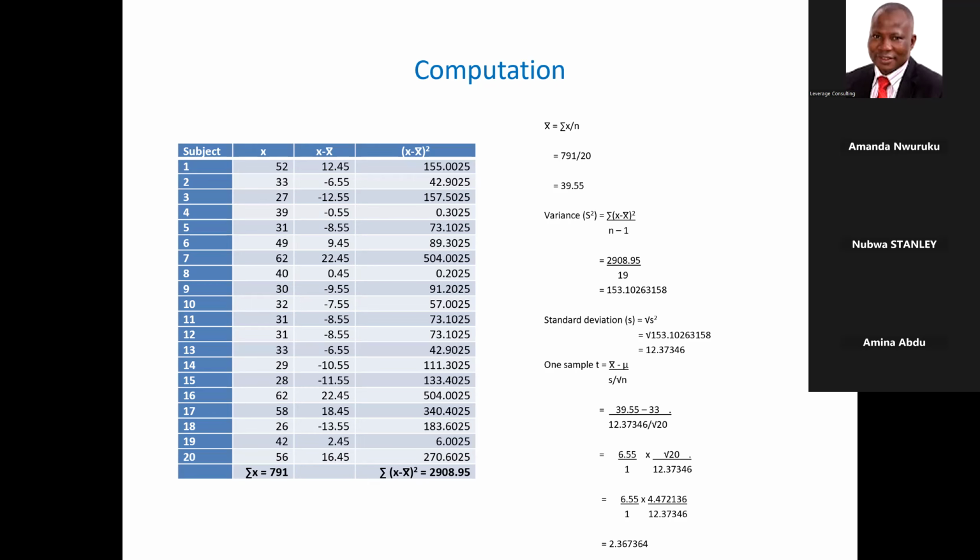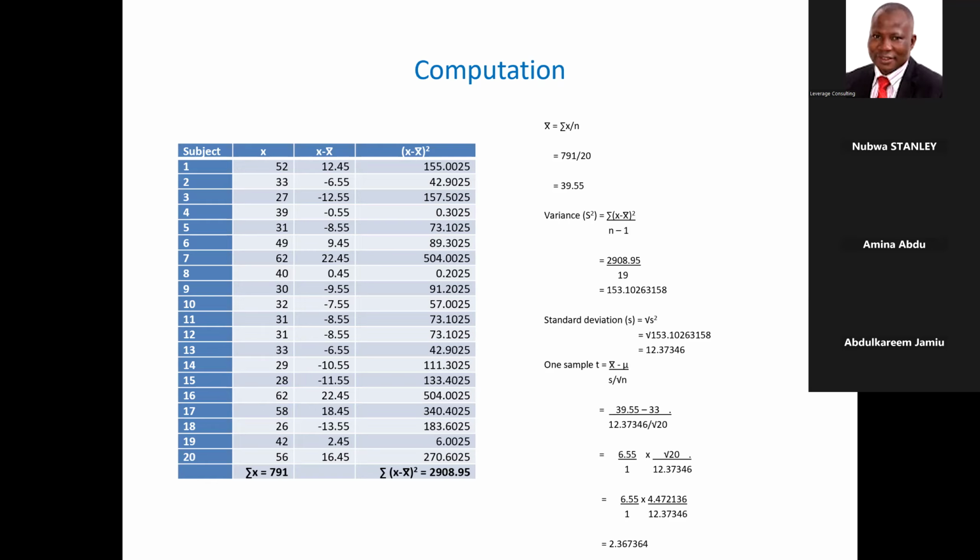Then how did you get x bar? Sigma x is the summation of all the x. How did you get the x bar then? Look at the formula, the first formula up there on the right side of the table. x bar is equal to sigma x over n.